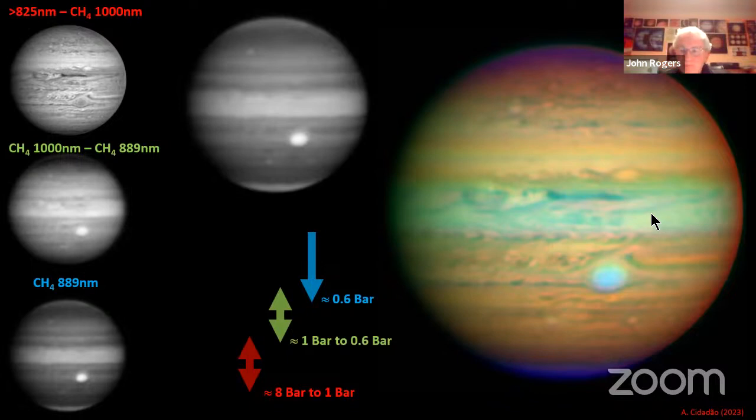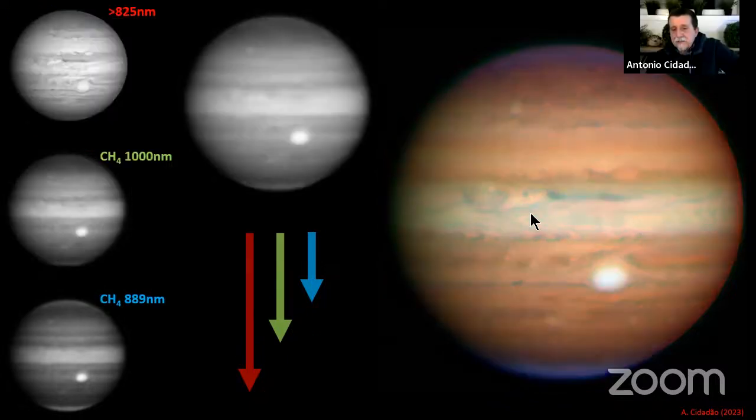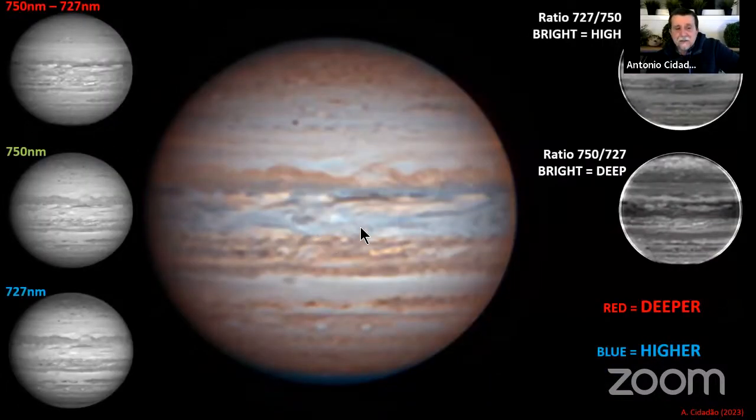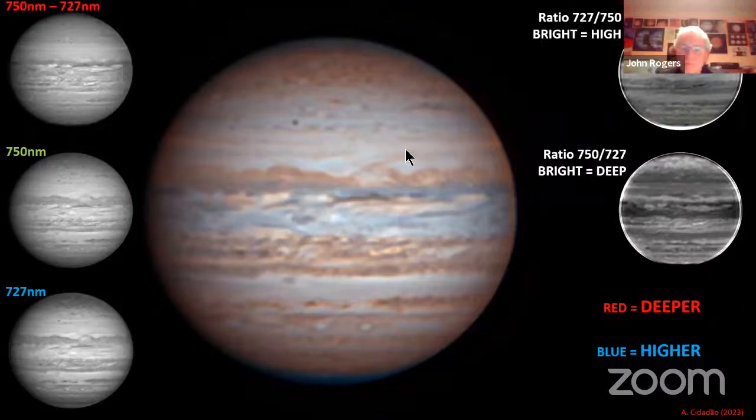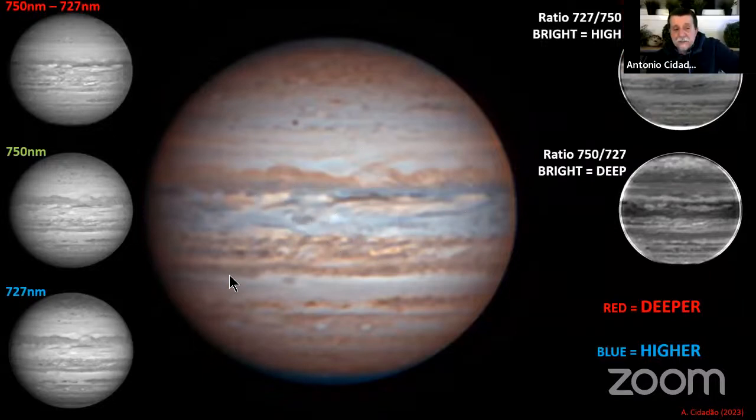Yeah, which also can be observed in the 727 model, because the filters involved in this kind of image intrinsically provide much more small scale detail than the methane filters, which probe higher levels and detect hazes.